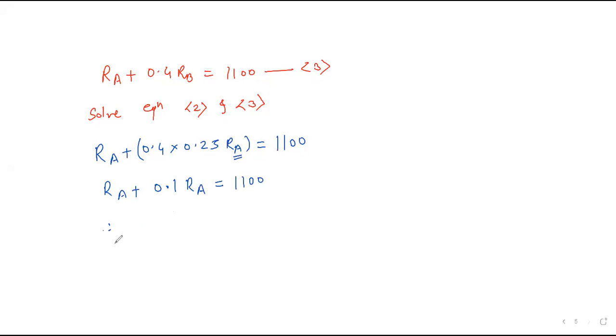So now this will become 1 plus 0.1, so it is 1.1. This is 1.1 Ra is equal to 1100. Therefore Ra is equal to 1000. Okay. This is the value of Ra, 1000 Newton.